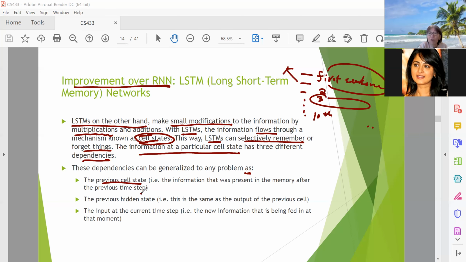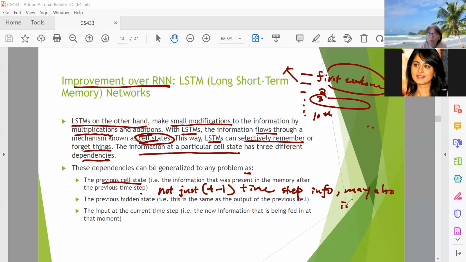So it's not just that previous time step, it also includes the history data. So here is a difference. Not just T-1 time step information.